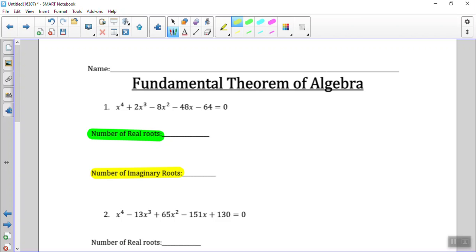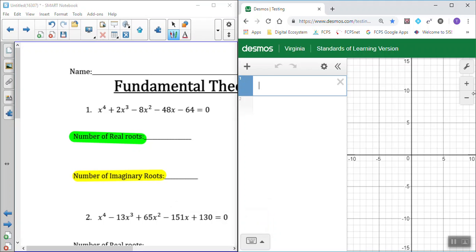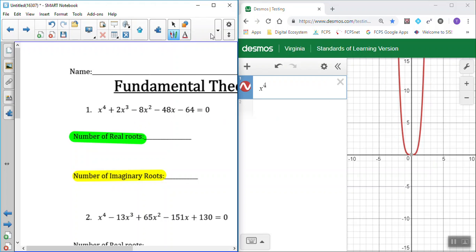To do that, we're going to take our function and plug it into our graphing calculator. We're going to first figure out how many real roots it has, because that's the easy one. Before I keep typing this in here, just think about the degree of the polynomial, which is a 4, which means that it should have a total of 4 roots.